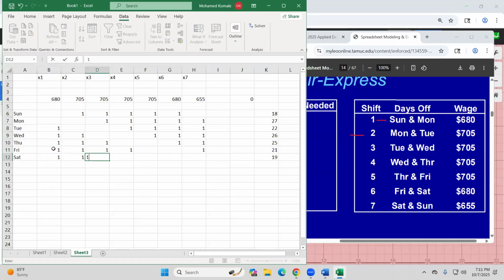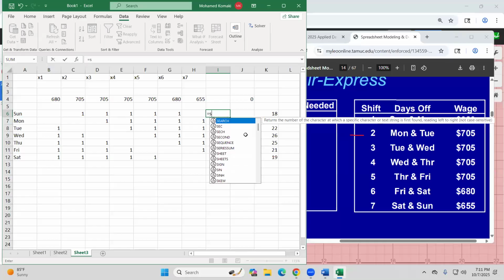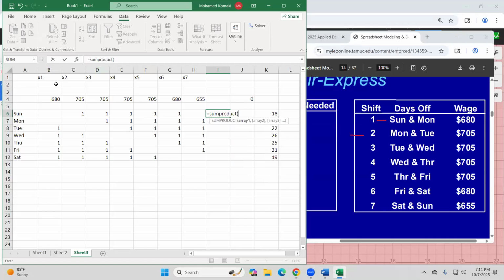Saturday, everyone works except X6 and X7. And here you can calculate the sum product of the X's times these values.